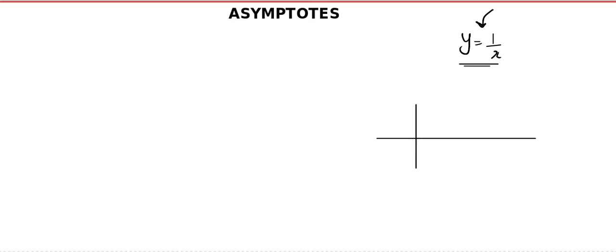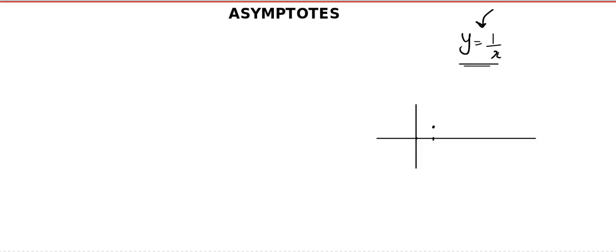If you look at the function y is equal to 1 by x, you can use graphical software and check the graph. The graph goes like this, and it's very easy to observe. 1 by 0 will be infinity, so at 0 the height of the graph is infinity. 1 by 1 is 1.